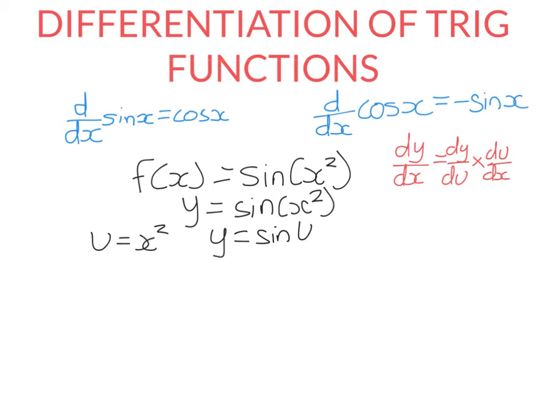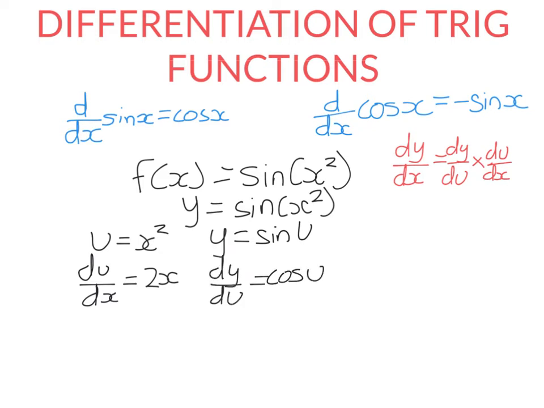So if u equals x squared, du/dx, we know how to differentiate that. It's just move the power to the front, decrease the power by 1, we get 2x. So the derivative of y equals sine u, well, we know that from here. Derivative of sine x is cos x, so the derivative of sine u will just be cos u.